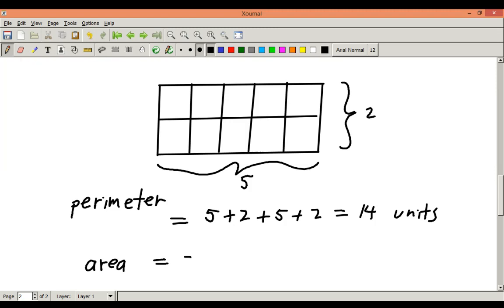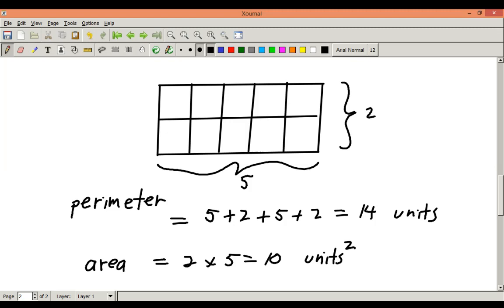So we say the area is 2 times 5 equals 10 square units, and we write it like this, and we say square units. We do not say units squared. Okay? So there's 10 squares in there, or 10 square units, because you got 2 rows of 5 squares each. So that's a pretty easy calculation of perimeter and area for that rectangle.